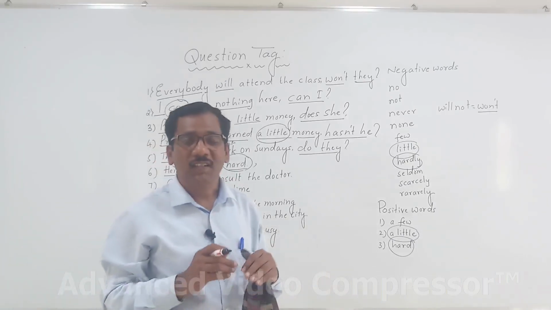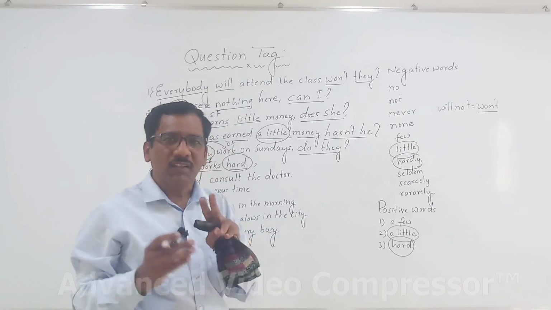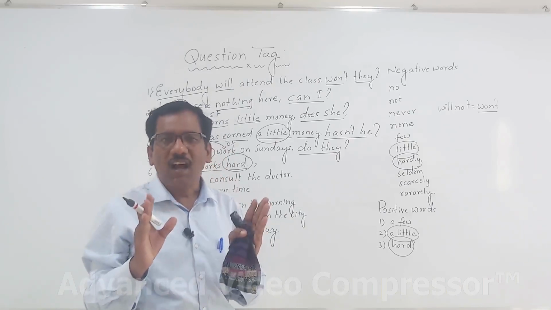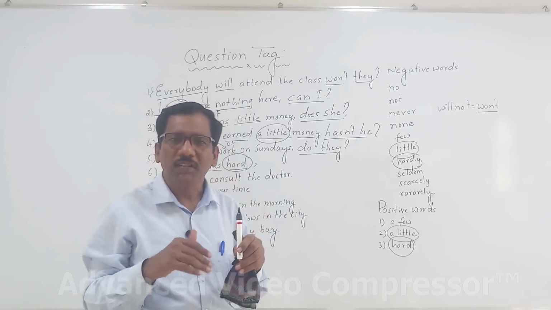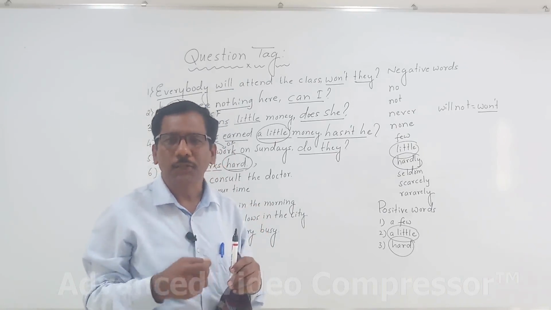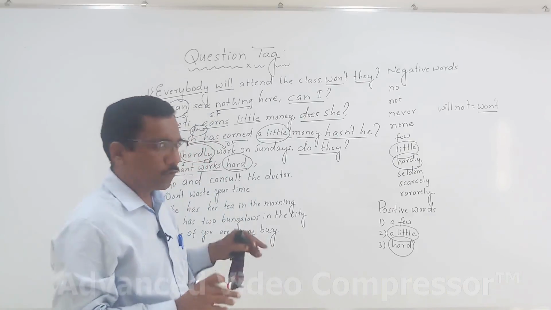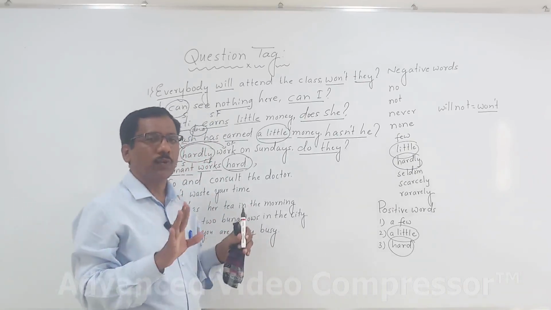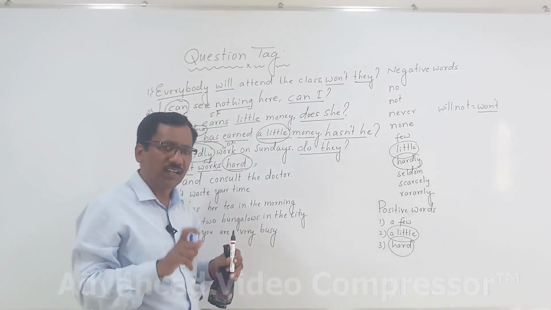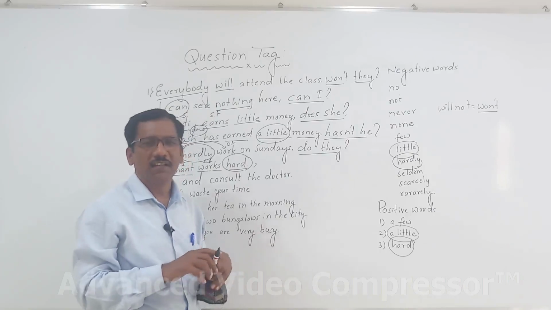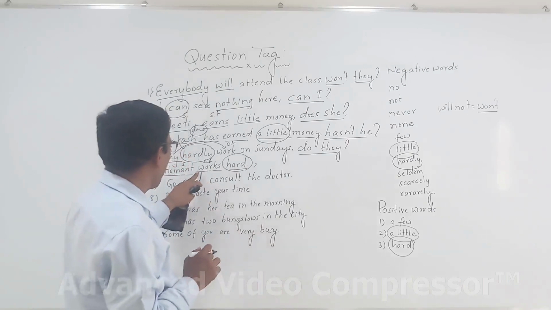Last video has taught you do, does, did are used whenever you want to change the sentence into negative or questions. Do, does, did, as helping verbs, they are used while changing the sentence into negatives and in questions. Come on.